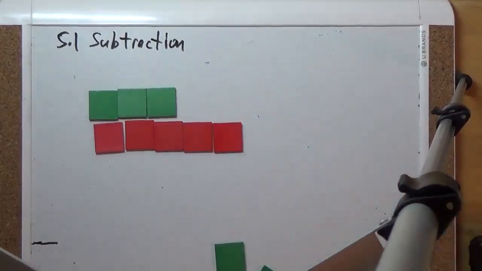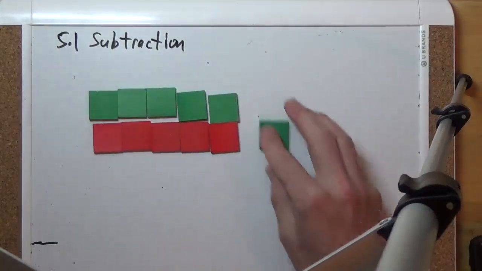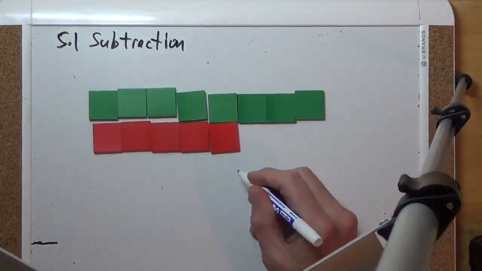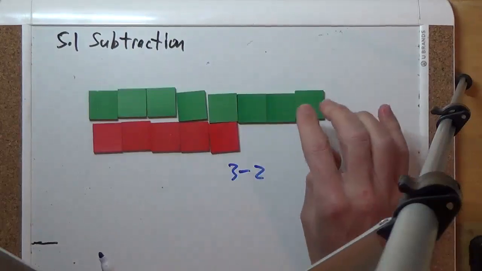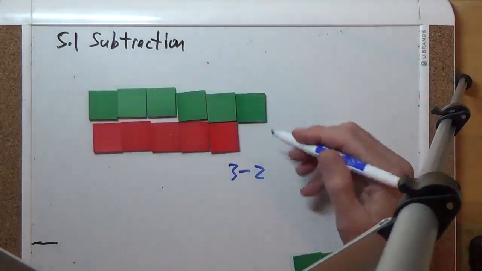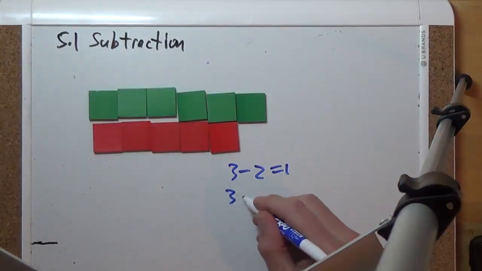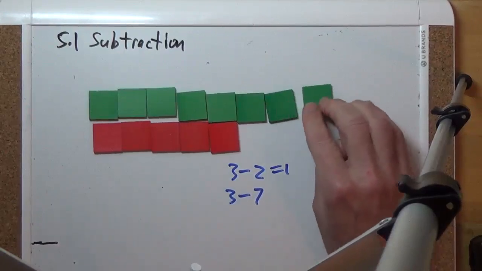Want to see magic again? Do this. Let's do a couple problems. Let's do 3 subtract 2, because we're at 3. We can take away our 2, and notice we have all the 0 pairs, we're left with 1. Now do 3 subtract 7, see what happens.